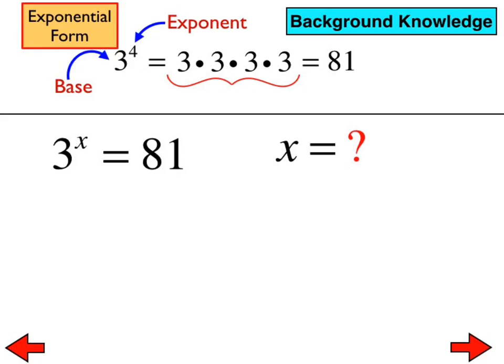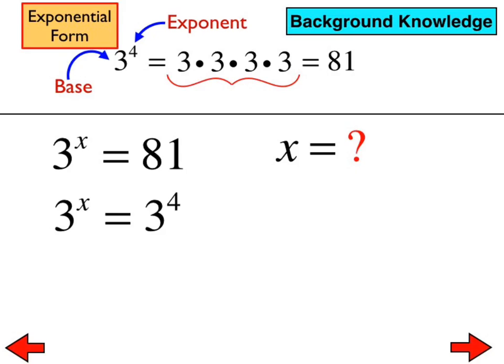So what we want to do is figure out what x is, which once again we know is 4, but it's easiest in these types of problems if we convert both sides of the equation to a like base. In other words, make them so that they have the same base, if that is possible. And in this problem, it is possible because we know that 81 is 3 to the 4th power.